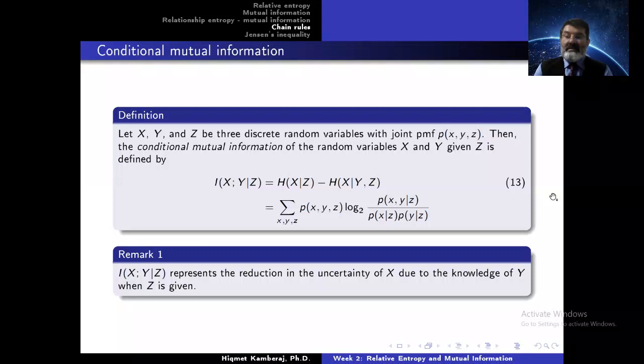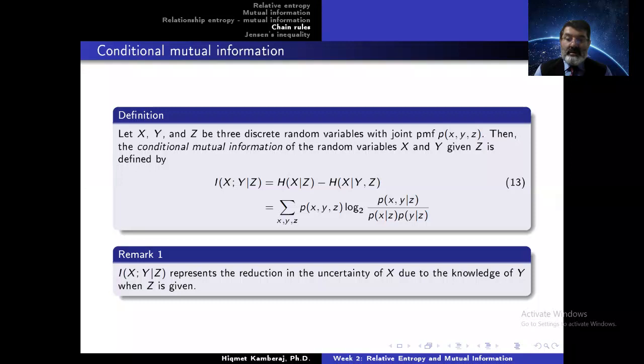Now another definition is the conditional mutual information. By definition, let X, Y, and Z be three discrete random variables with joint probability mass function p of x, y, and z.